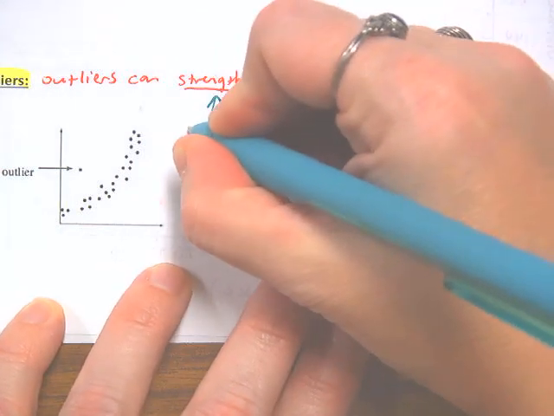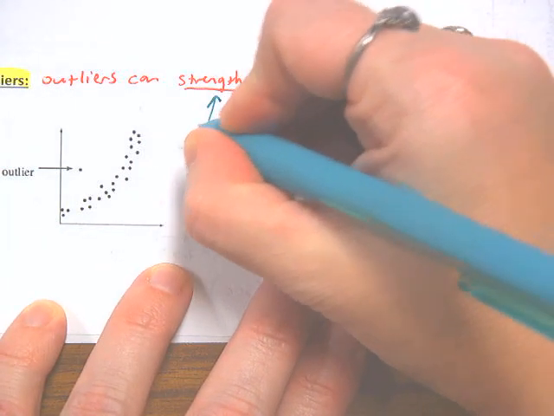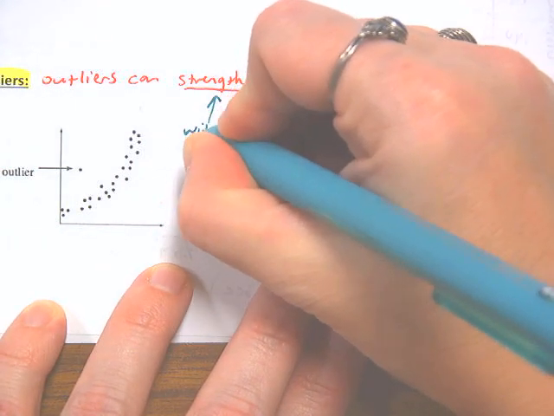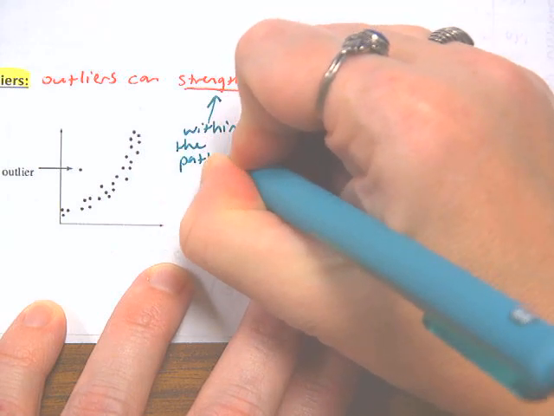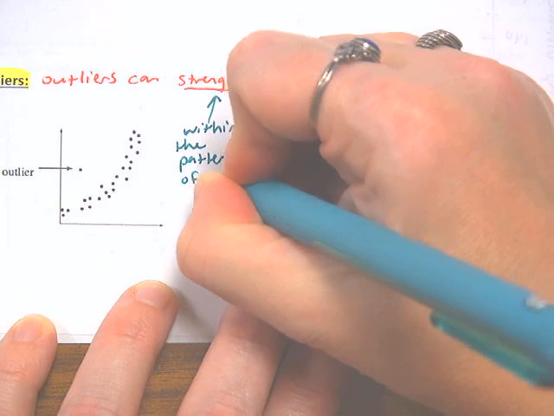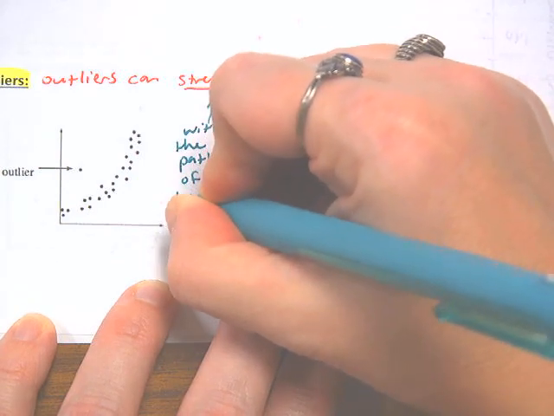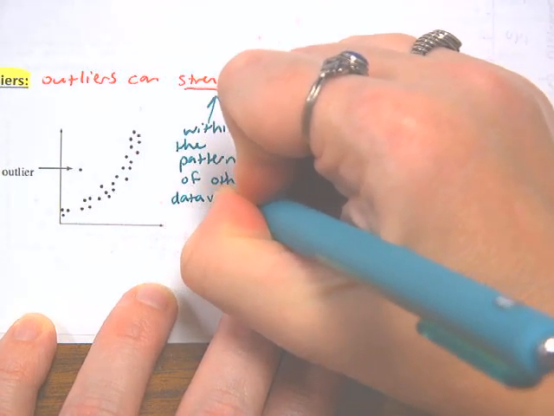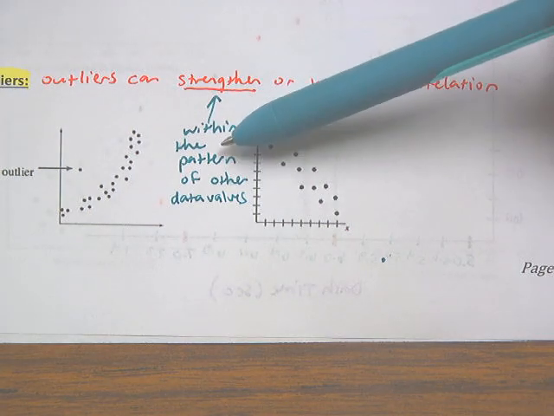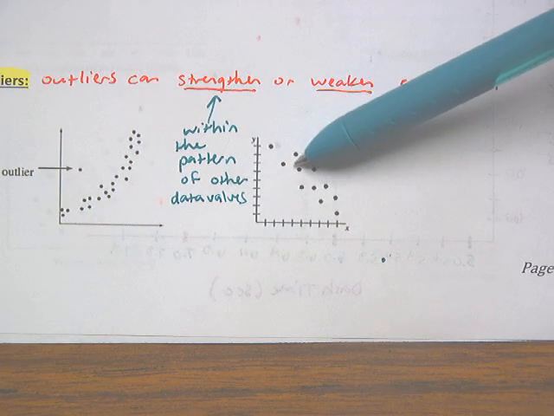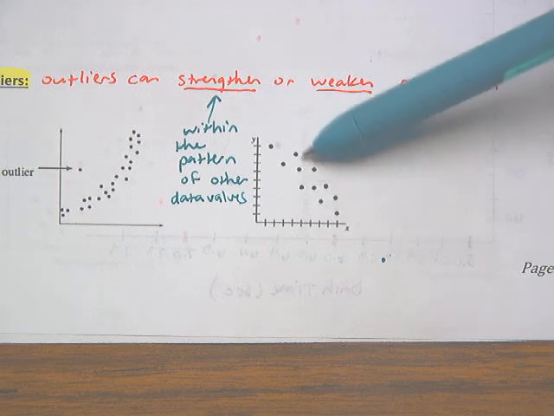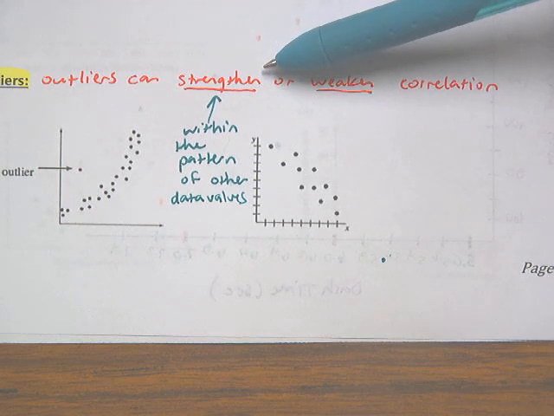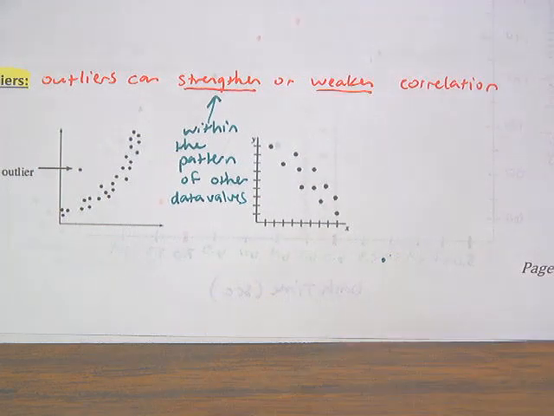So that's if your outlier is within the pattern of other data values. If it falls in line with everybody else, even if it's far away, then it's going to strengthen correlation. It's going to make your R value stronger. We'll talk about that on the next page.